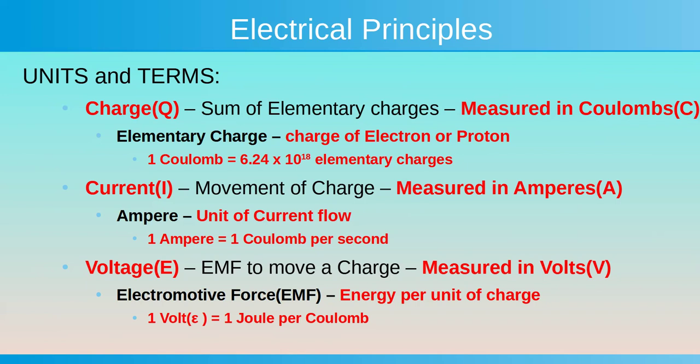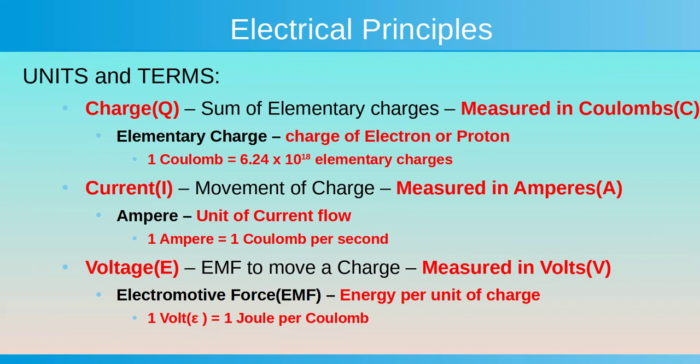So an atom will have some number of protons, say 14. It will also have 14 electrons, and they balance each other, so it's a neutral atom. It may also have some neutrons, which are neutral.